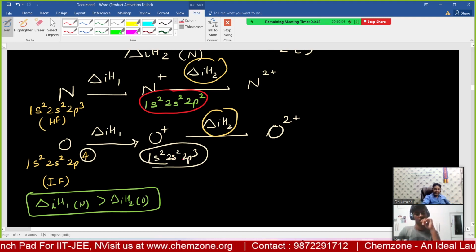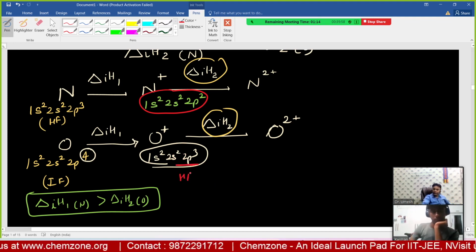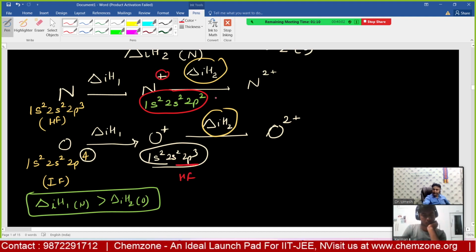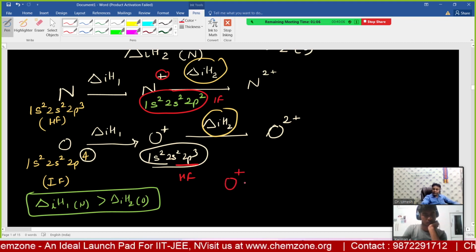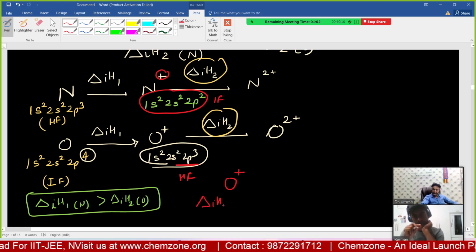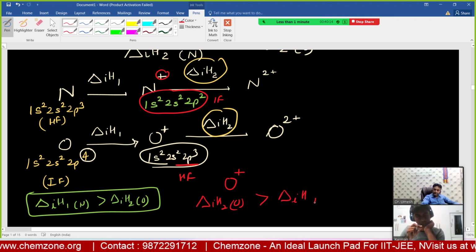What you find here is that O+ has a half-filled electronic configuration, and N+ does not have half-filled; now it is incompletely filled. It means the second enthalpy of ionization for oxygen will be more than that of nitrogen.